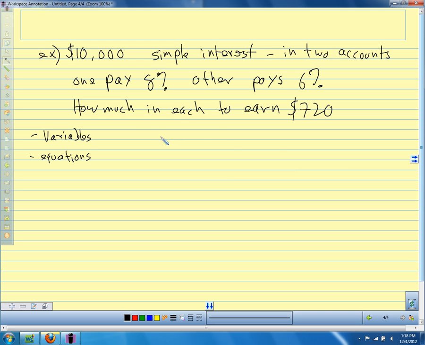How about x and y? Let's let x be the amount that we put in the 8% interest. X equals the amount at 8%, and let's let y equal the amount at 6%. What kind of equation can we write between x and y?